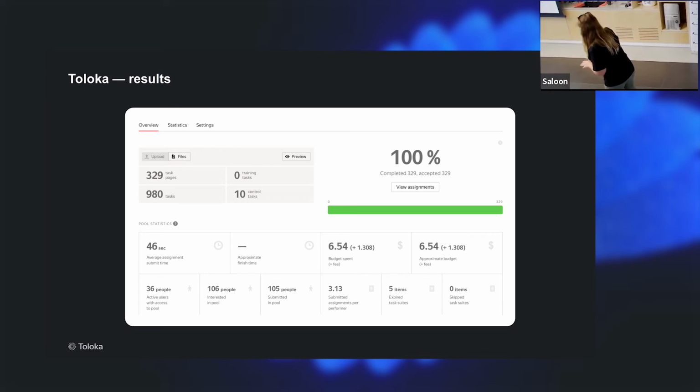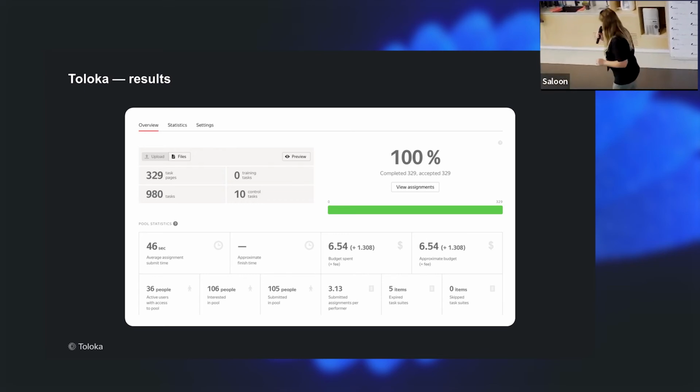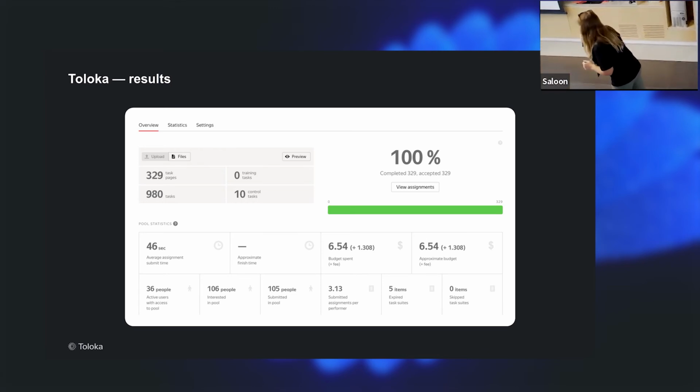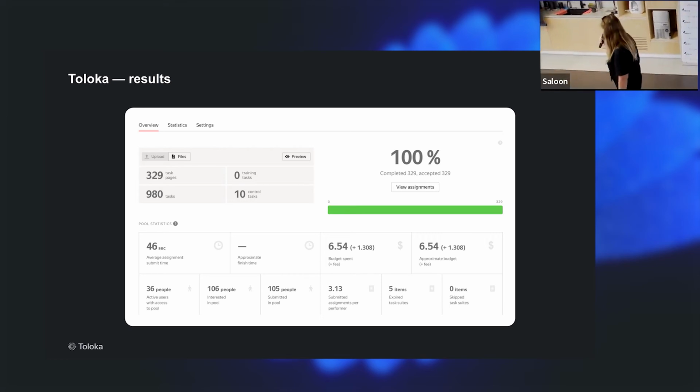You can see that the whole process cost around $6.50. And we have around 106 people that took part in this project, annotating.